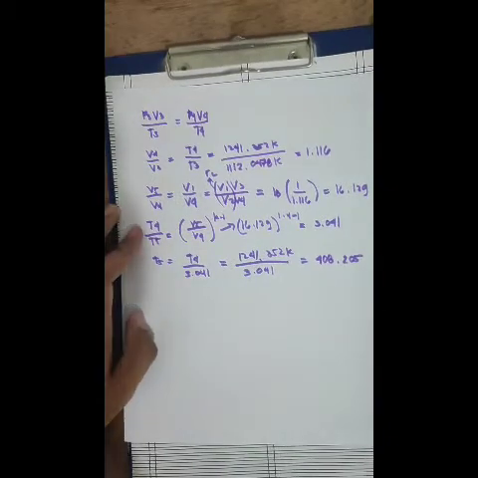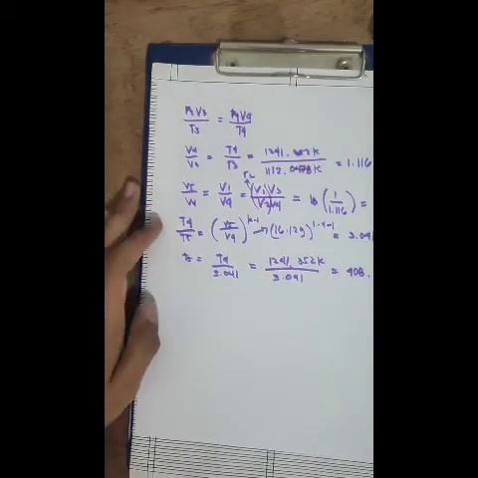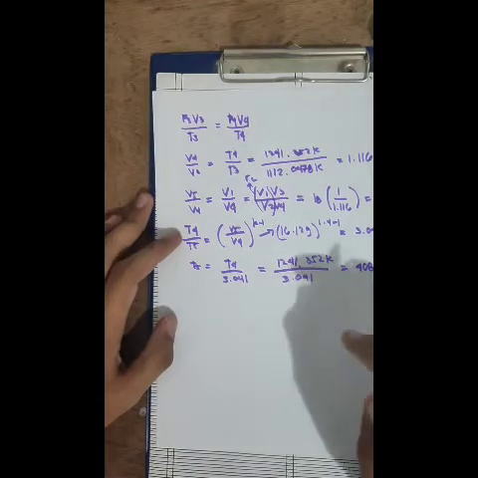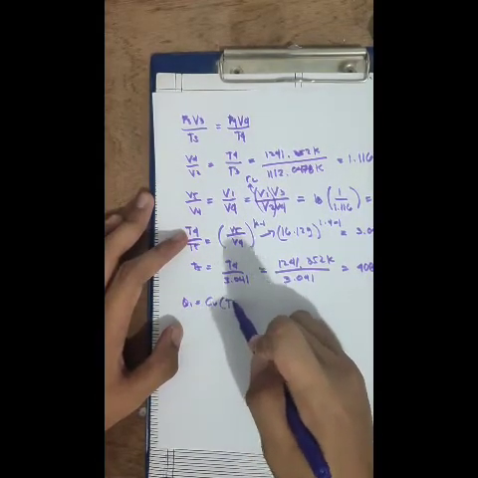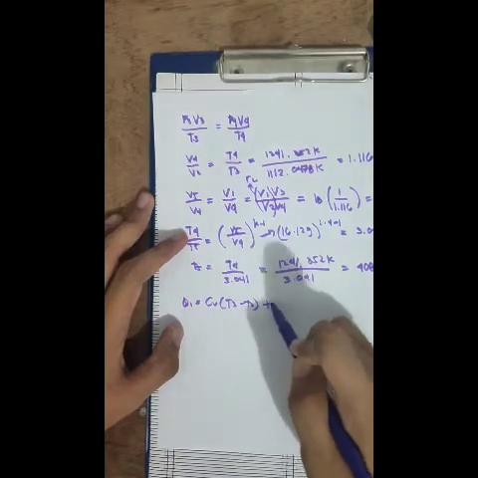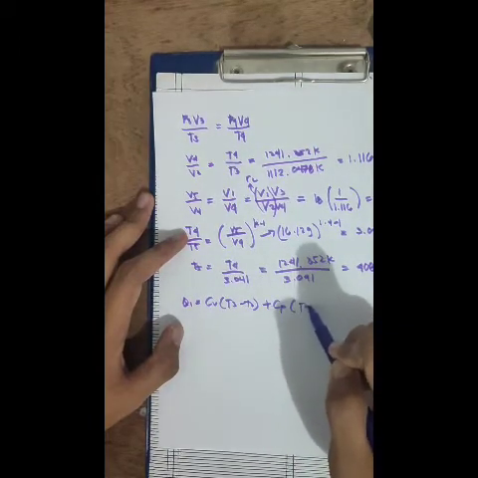So that's the T5. Then now the heat supplied, Q1, is equal to CV (T3 minus T2) plus CP (T4 minus T3).